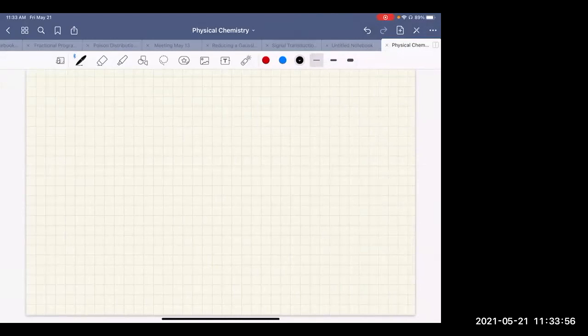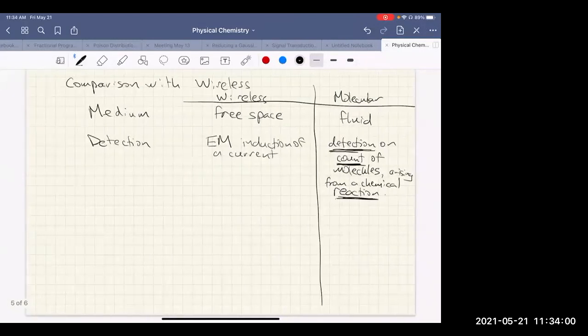I want to talk a little bit about energy. Energy is a very significant concern in wireless, and a lot of the work that we do is to optimize systems with respect to their energy expenditure.